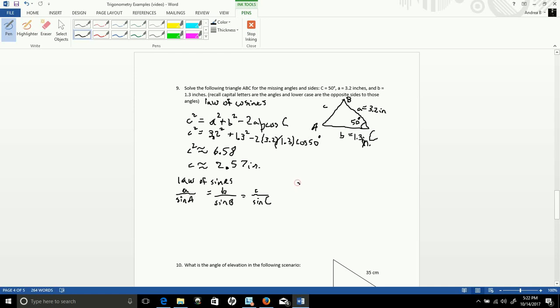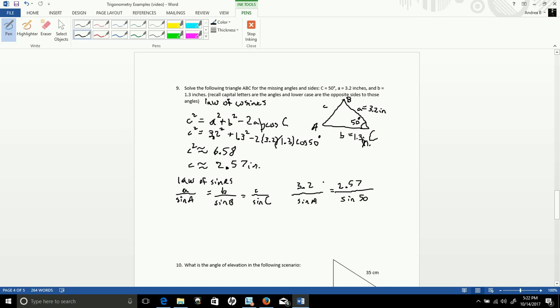So for instance, if we want to figure out angle A, we could set it up as 3.2, so side A, over sine of angle A is equal to the side that we already know, which we just solved for, 2.57 for side C. But if we're using side C, then we have to do that as sine of angle C, which is 50 degrees.